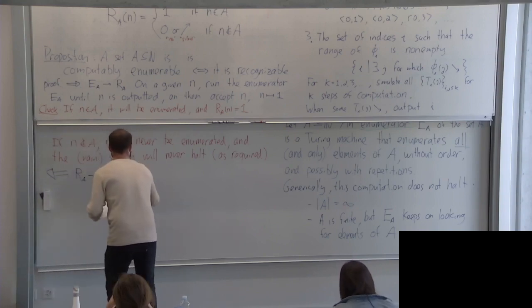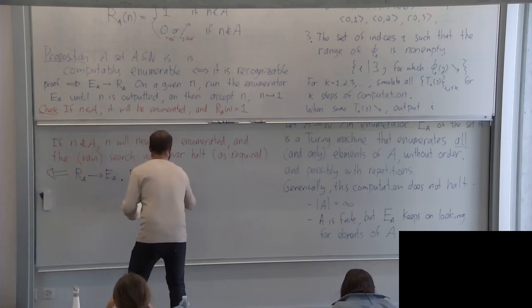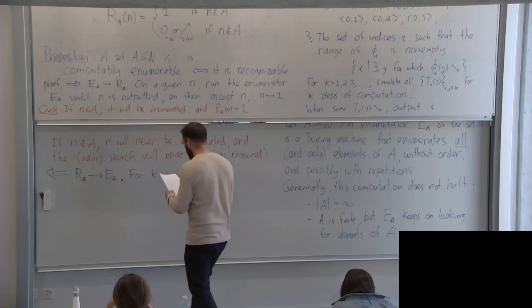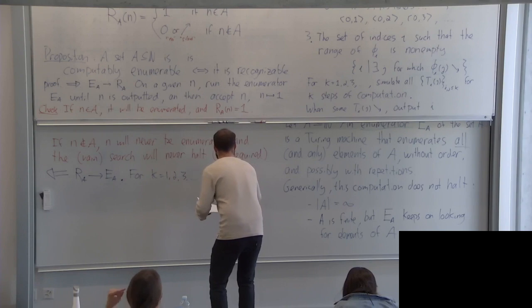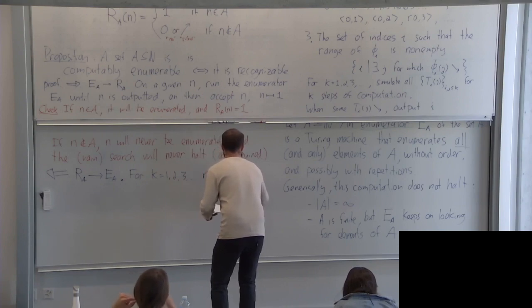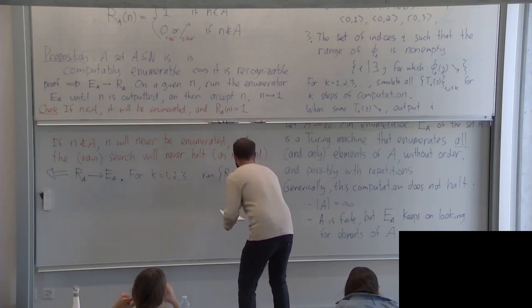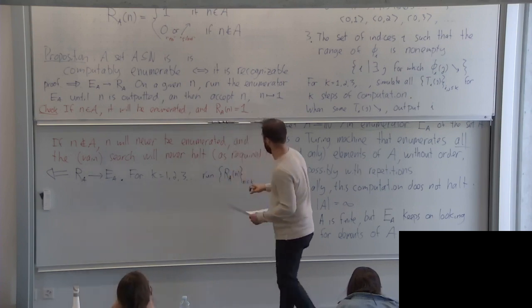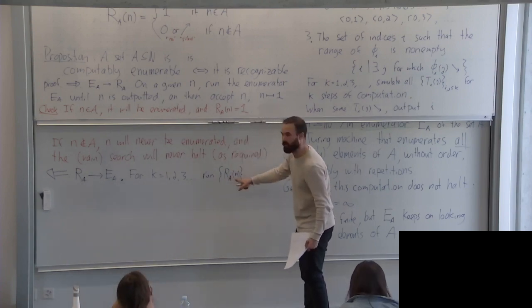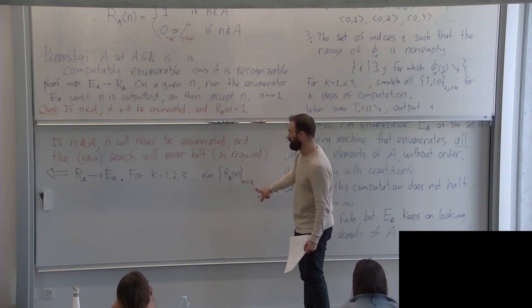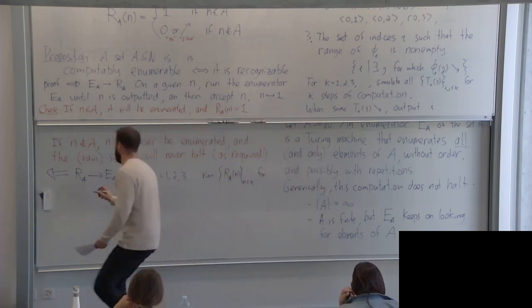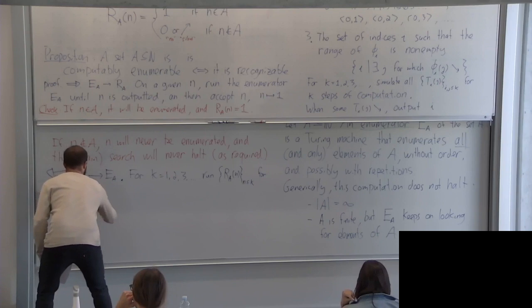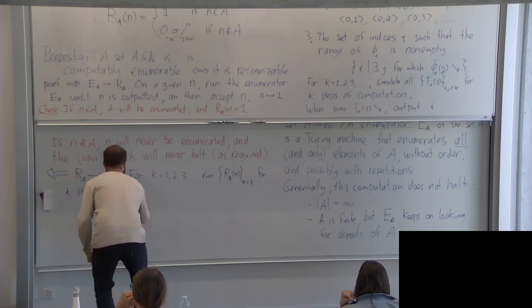So for k equals 1, 2, 3, and so on, run the following computations: RA of n for n smaller or equal to k. So you're going to compute RA of 1, RA of 2, RA of 3, until RA of k. How long? k steps of computation.